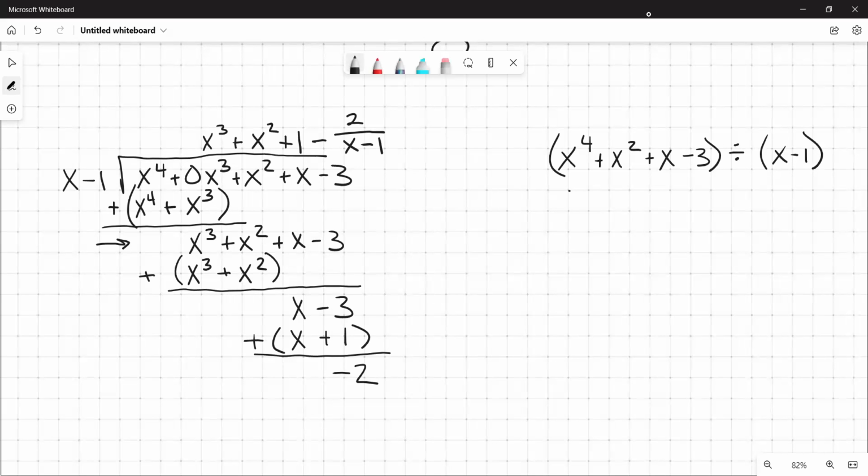Say that again. If you've got x squared minus negative x squared, you keep, change, and change. Ah, that should have been, yes. So let's go back and fix this.